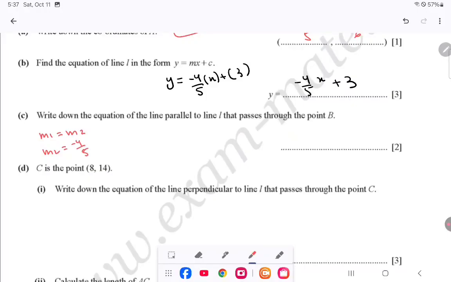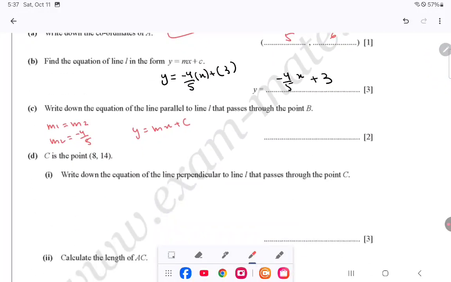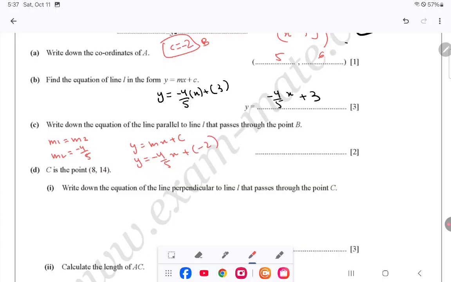Now what we have to do is simply put it in the line equation y equals mx plus c, which we just calculated where the line is crossing, negative 2, or you can put the point and get the value of c. So y is equal to negative 4 over 5 x minus 2. This is the equation of the line.